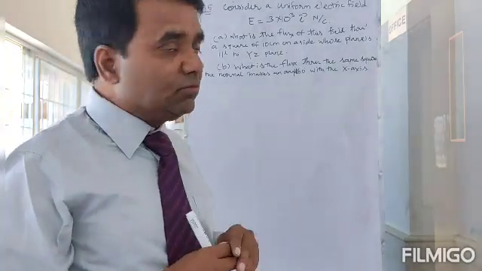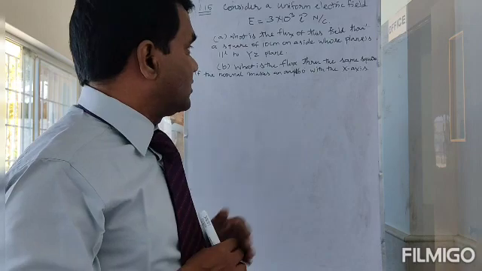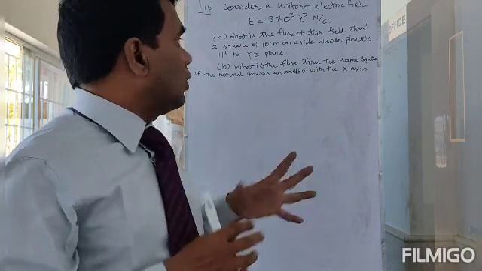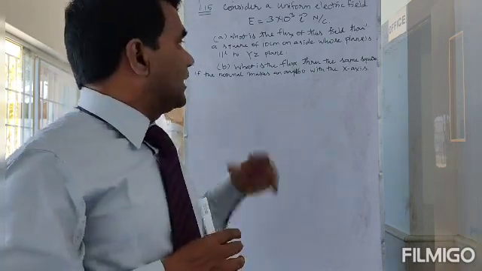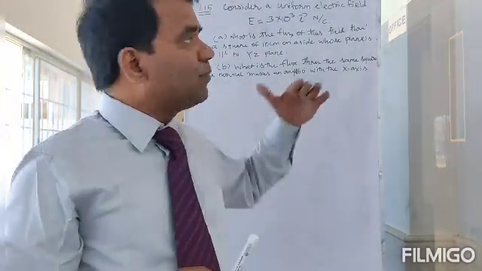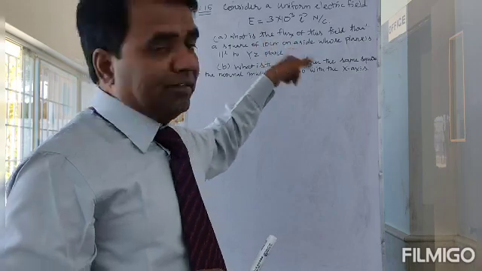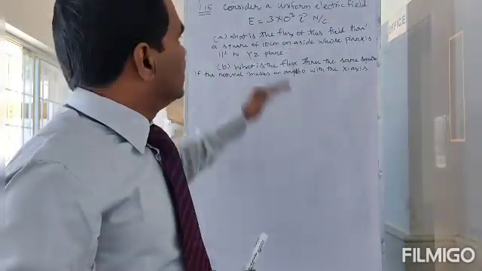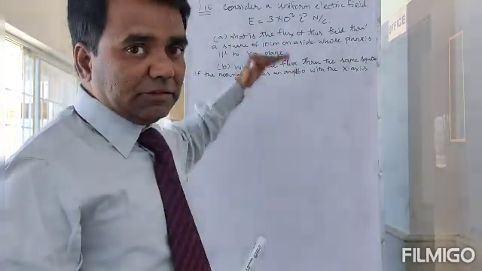And that's the first question. And the second question is: what is the flux through the same square if the normal makes an angle of 60 degrees with the x-axis? Here the normal is the normal of the square. Okay, so these are the two questions.